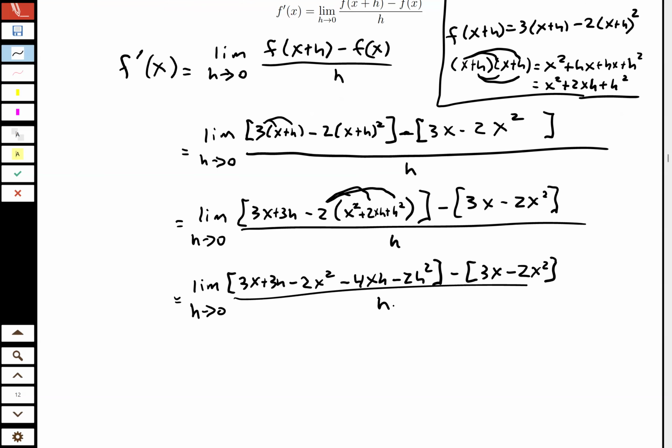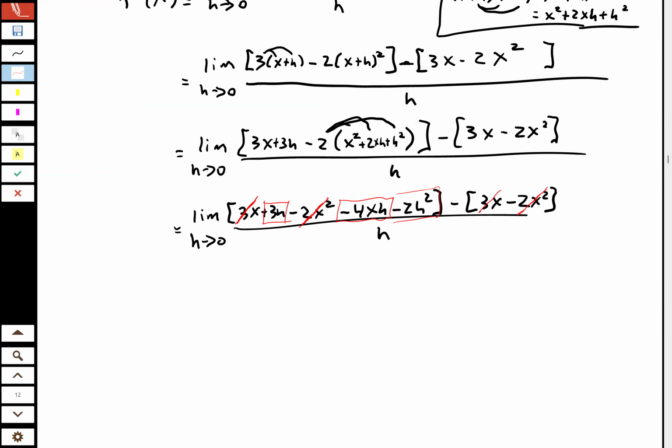And now is where we can start to cancel some things out. Because I have a 3x minus a 3x, those are going to cancel. I have a minus 2x squared and a minus 2x squared, those are going to cancel. So the things I have left on the top: 3h, minus 4xh, and this minus 2h squared.